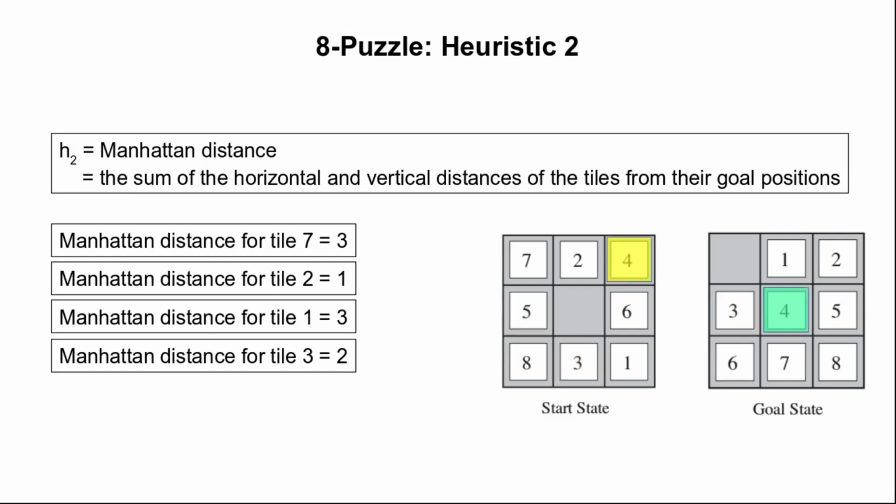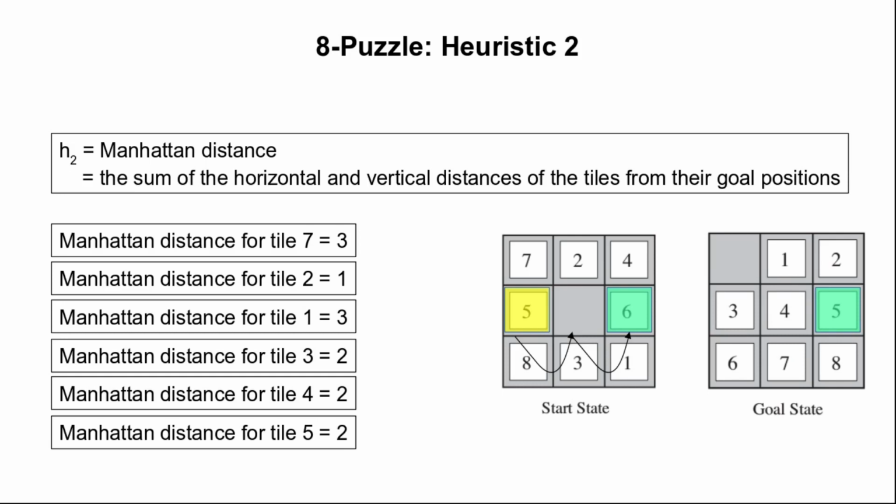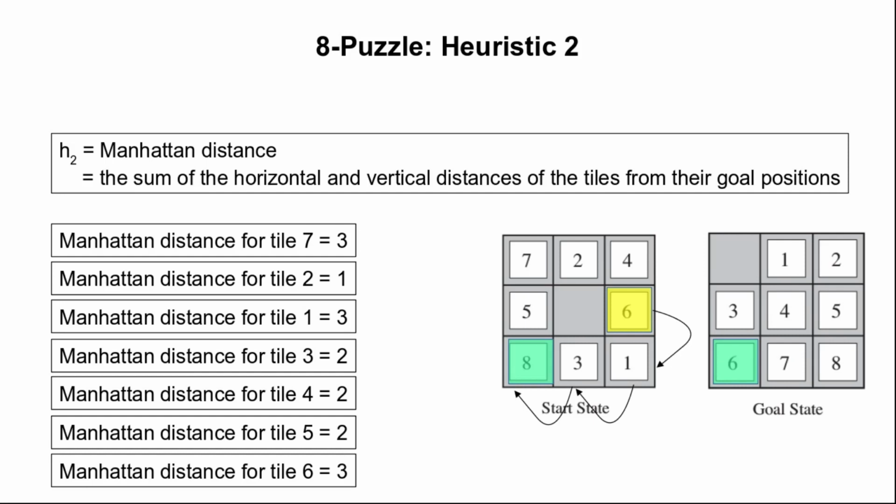For 4, we need to move vertically once and another move horizontally, so Manhattan distance for tile 4 is 2. For tile 5 we have to make 2 horizontal moves, and hence the Manhattan distance for tile 5 is 2. For 6, we have to make 1 move vertically and 2 moves horizontally, so Manhattan distance for tile 6 is 3.